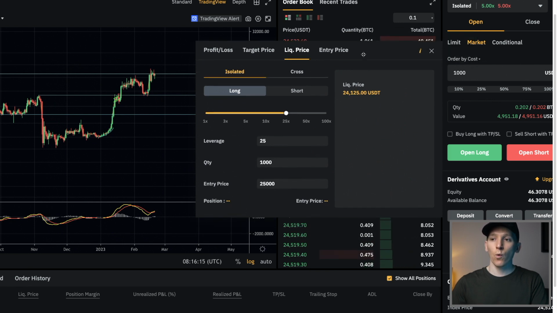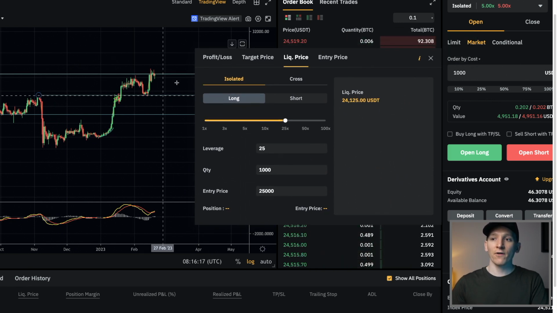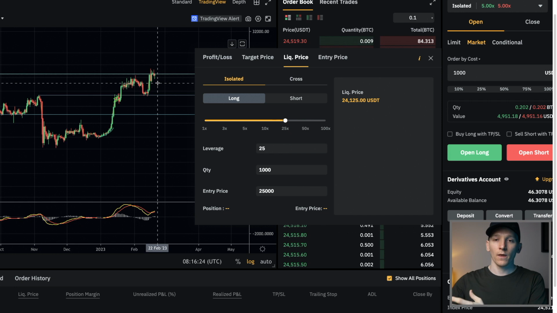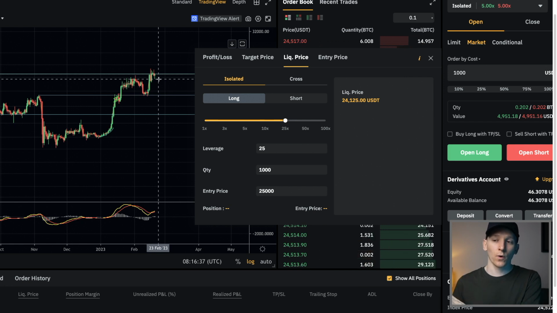And so that really is important when we're looking at stop losses when we're actually trading. So what we always need to make sure is whatever our stop loss is. So if we're getting into a position right here and we say that our stop loss is a few $1,000 below, we need to be absolutely certain that our liquidation price is nowhere near our stop loss. It has to be underneath our stop loss, because we need to stop our losses on a losing trade quickly before it actually comes down and starts to liquidate us.